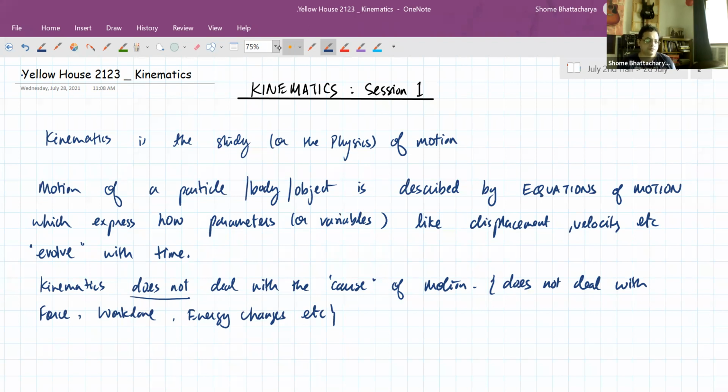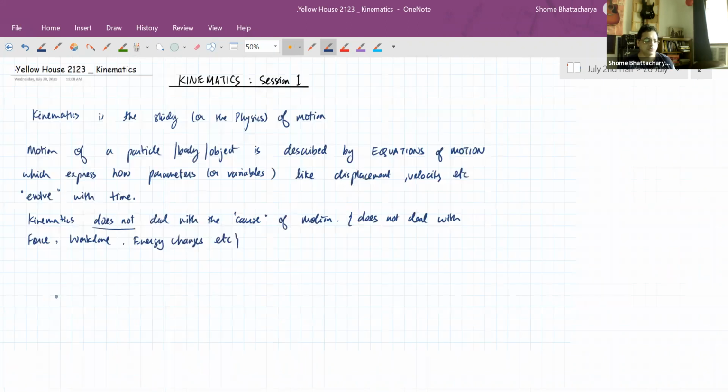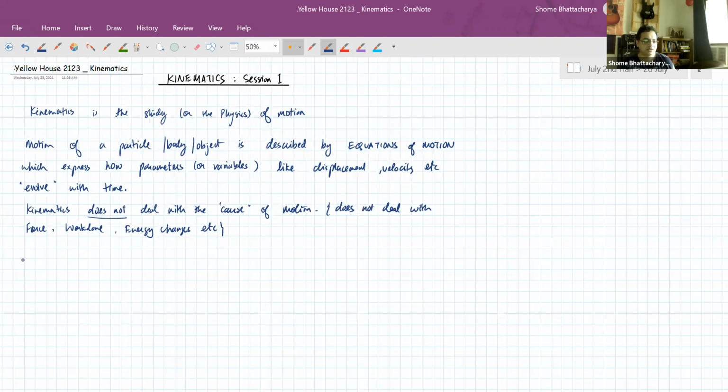Now, in this particular section, which we call kinematics, we are only actually studying a section of kinematics, which is called particle kinematics. So I'll explain what we mean by this.